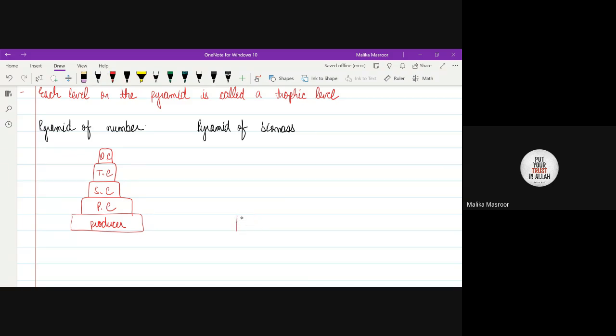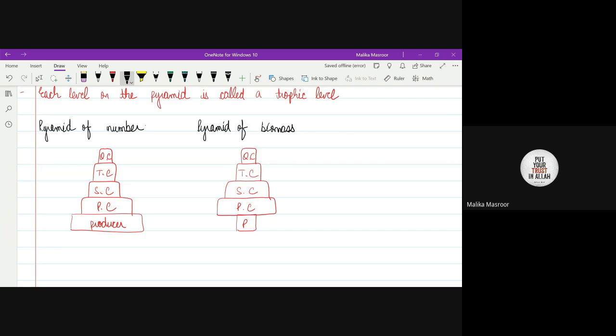It will change if I put a tree here. The producer has very little, then the primary consumer has lots of mass because there are lots of primary consumers. And then secondary consumer, tertiary consumer, and quaternary consumer. Okay, this is by mass.